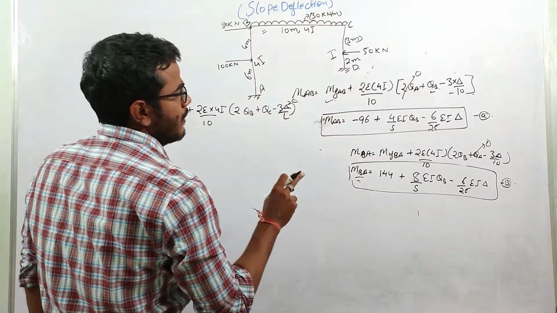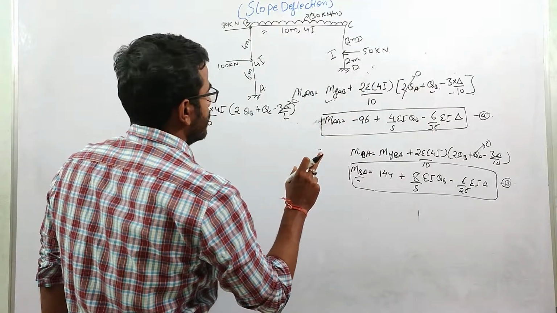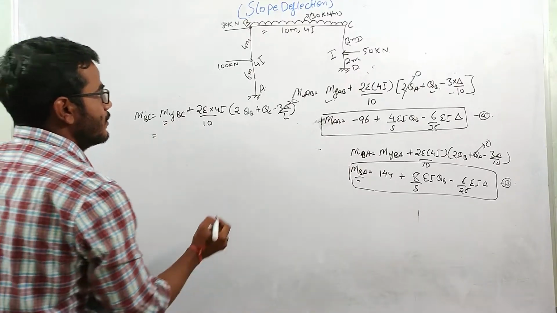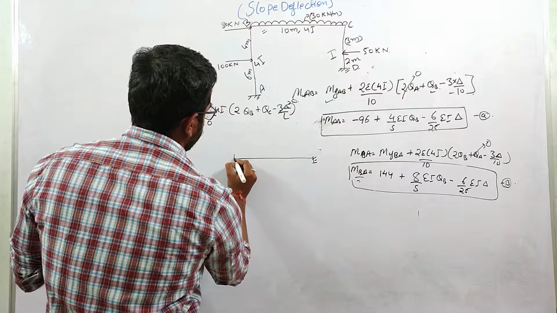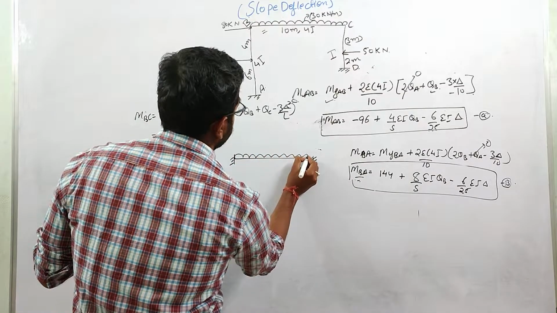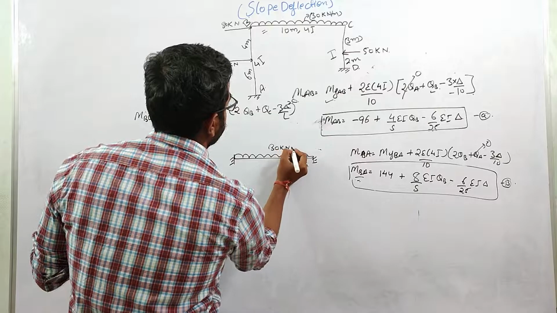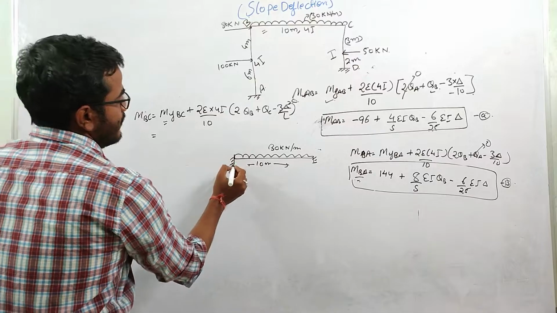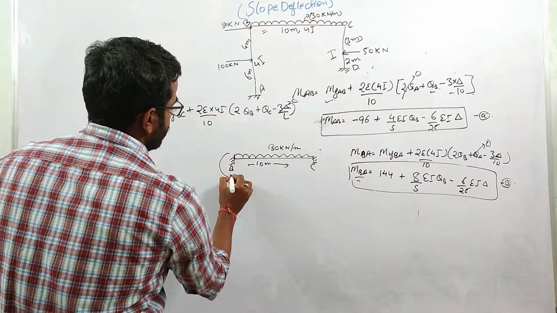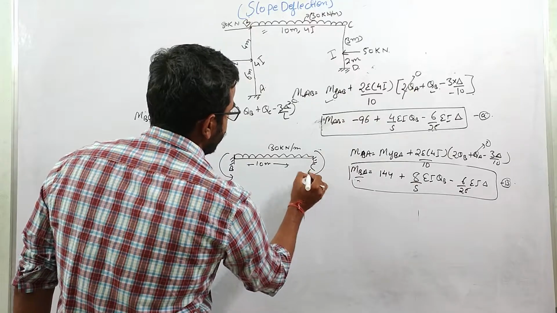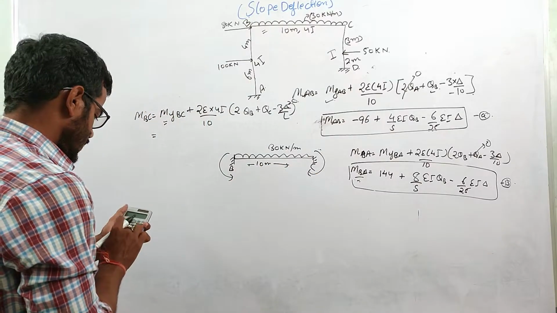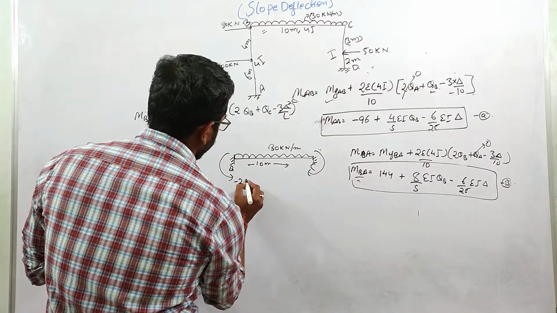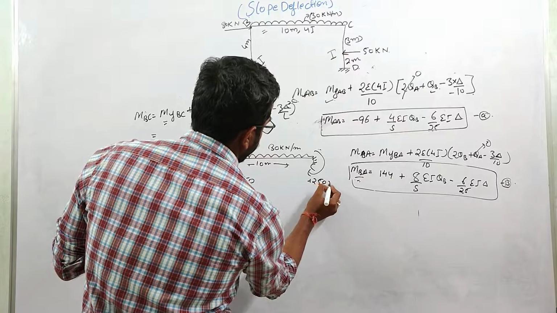Now we need to calculate the value of MFBC. Okay. So our situation is like this. This is a 30 kilonewton per meter UDL, and it is acting over a distance of 10 meter, right? So this is B and this is C. At this point there will be anti-clockwise moment, at this point there will be clockwise moment, right? So the value will be minus 250 and this is plus 250, okay?